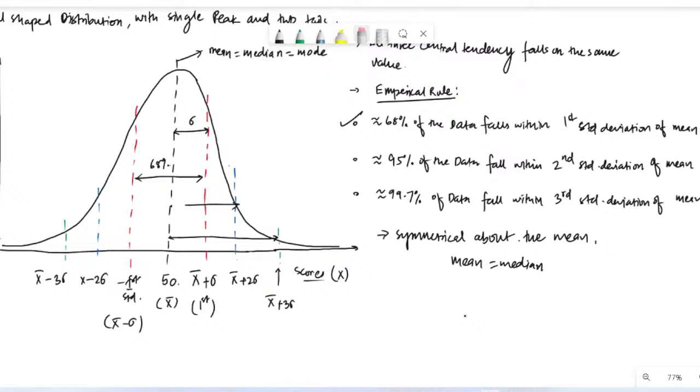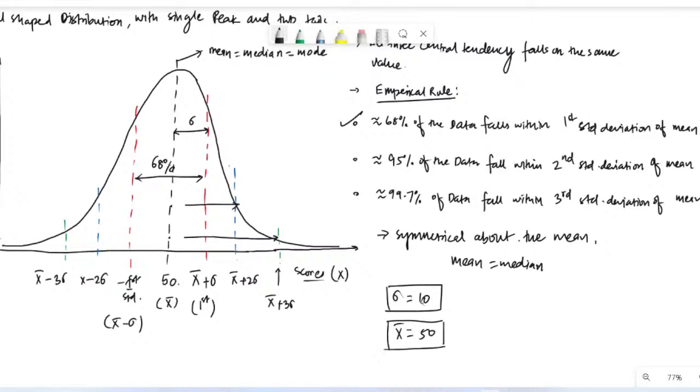It means that if there were 100 students, out of that 68 students' marks will fall within this specific range. Let us imagine my standard deviation value is 10 for the time being. This is my assumption. And my mean value is 50.